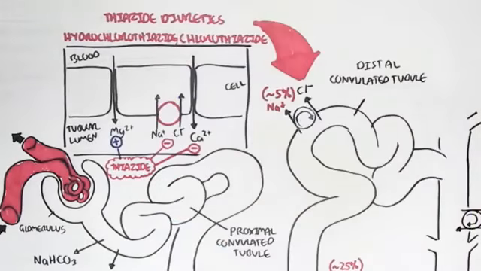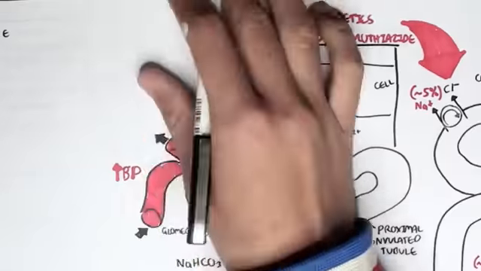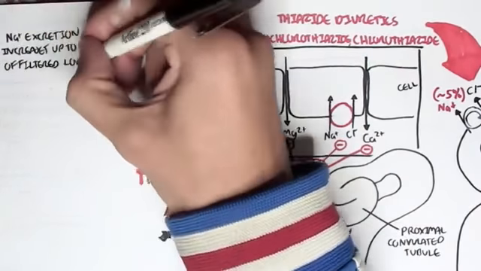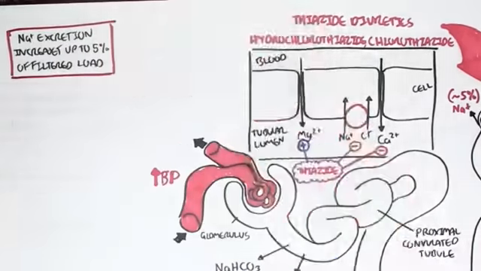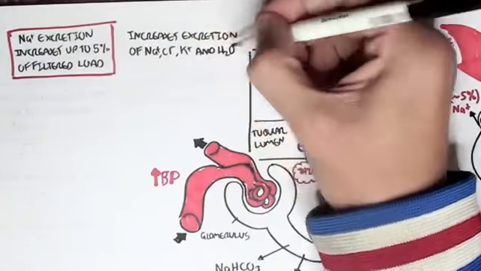So thiazide diuretics increase sodium excretion by up to 5% of the filtered load, 5% because this transporter only reabsorbs roughly 5%. Thiazide diuretics increase excretion of sodium, chloride, potassium, and water.